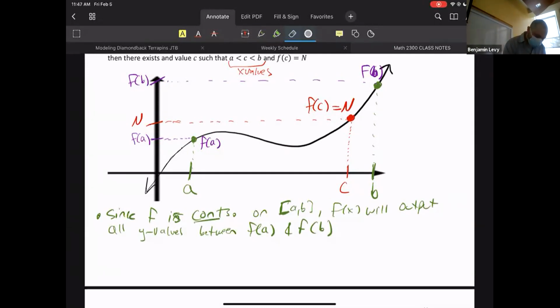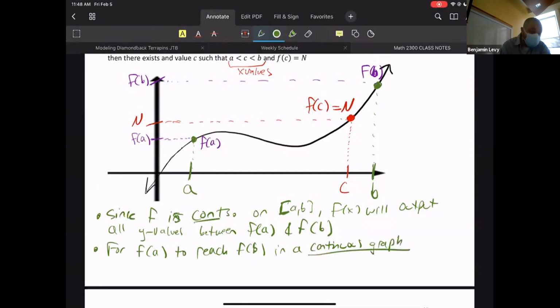So for f of A to reach f of B, I'm just going to say this in a different way in case sometimes people have a real hard time with this and sometimes it's real easy. So anyway, I'm just trying to reiterate. So for f of A to reach f of B in a continuous way, the continuous part's important, right?